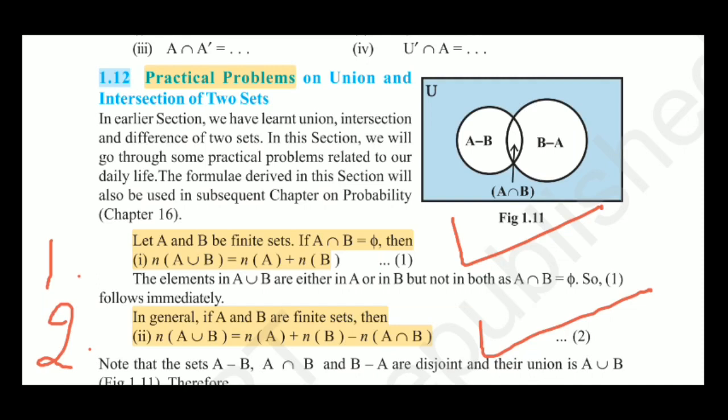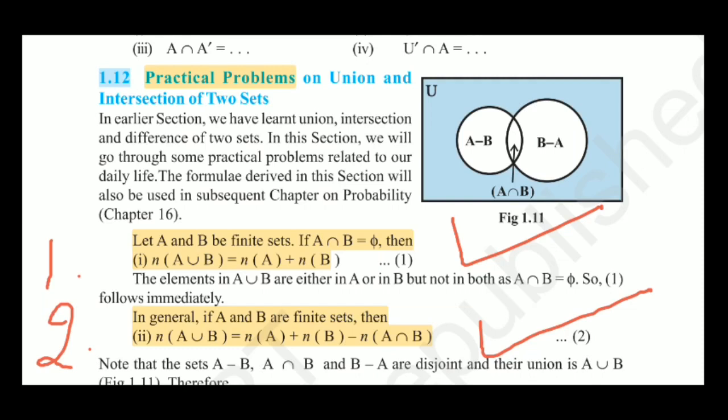So, see the very first result, what they have given. I have marked here number 1. Please note down. When you have two finite sets A and B and there is nothing common, these sets are known as disjoint sets. Symbolically, we can write the intersection of A and B is equal to phi.